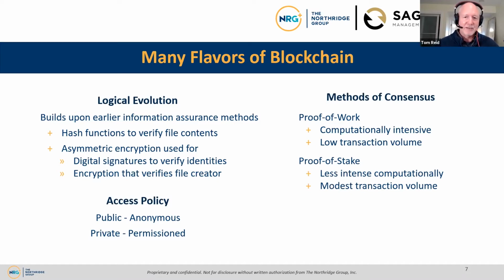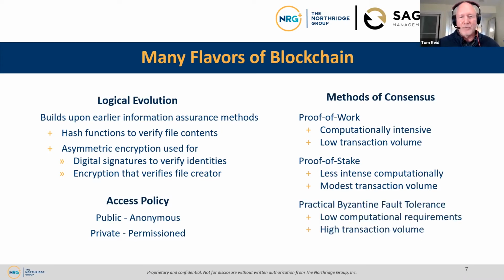It is less intensive computationally and somewhat improves the transaction volume. But the real breakthrough in use in enterprise is to use Byzantine fault tolerance. What that does is basically let the parties approve a block. You propose a block, it gets approved by however many parties are in that network of distributed ledger, and it can handle very high transaction volumes. One of the examples of this that is quite popular is Hyperledger Fabric.